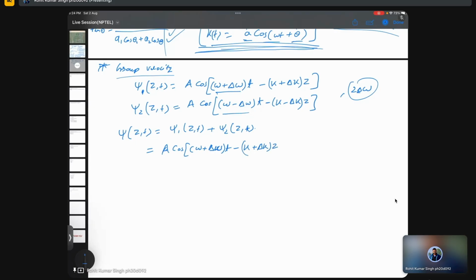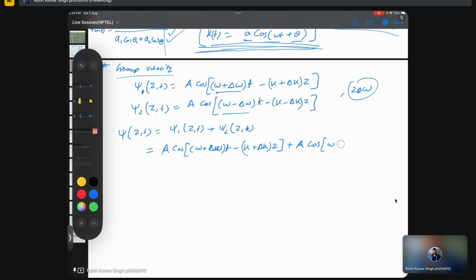So if at any point you don't understand anything, just stop me and ask any question. Here we are keeping the amplitude the same, but that can also change. It does not matter much, because now our focus is on the frequency. What happens if the frequency is different?